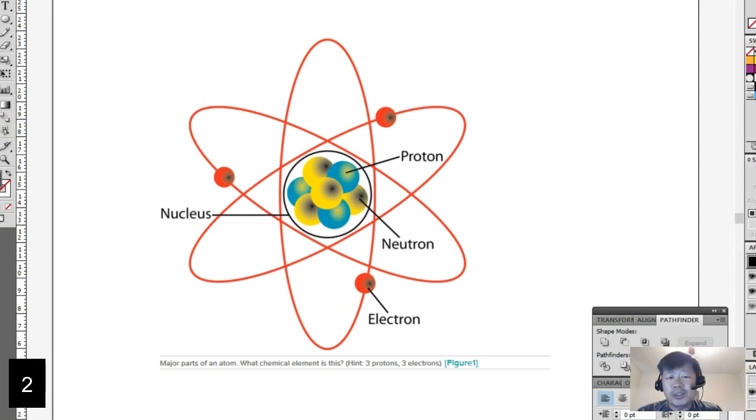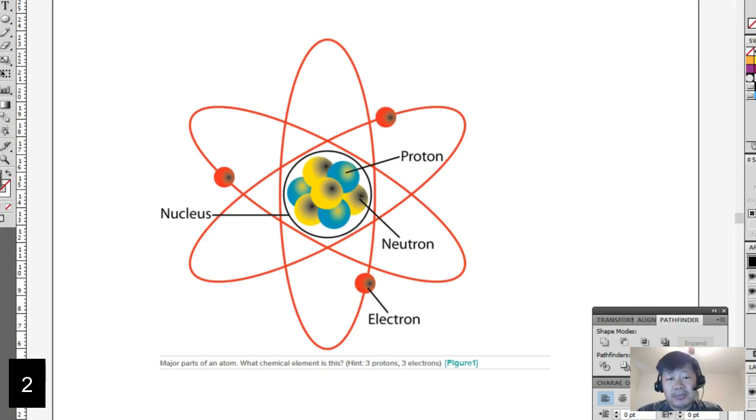So as far as what you need to know, the nucleus has the proton and neutron, it's in the center, and the electron goes around it. So this diagram's perfect for that. If you go through textbooks, most of them have something like this. Maybe not as fancy with the lines, but along those effects. When you learn it in chemistry, you learn it the same way. Diagram might be a little bit different, but it will be similar.